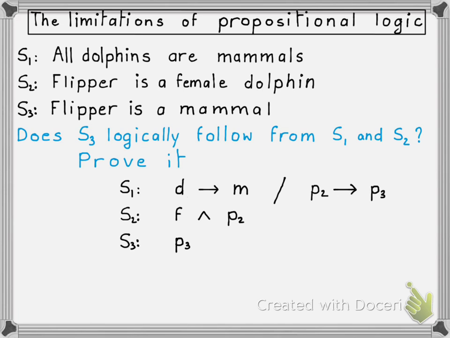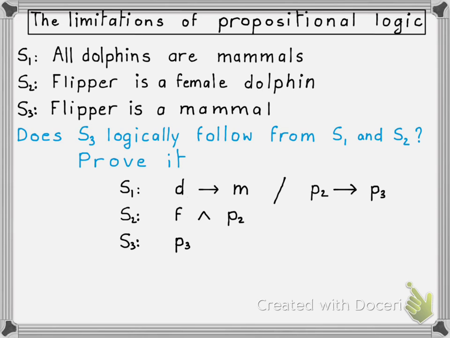And that is not at all the same meaning as D implies M, which was, remember, if something is a dolphin, then it's also a mammal. Sounds like this statement is much more specific than this one.